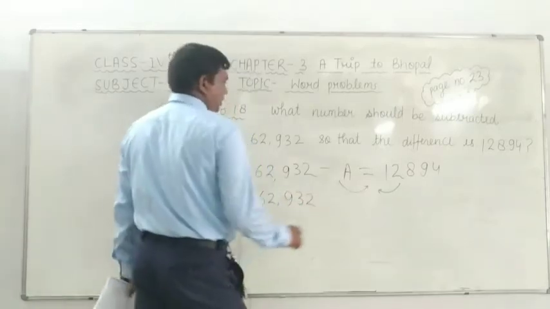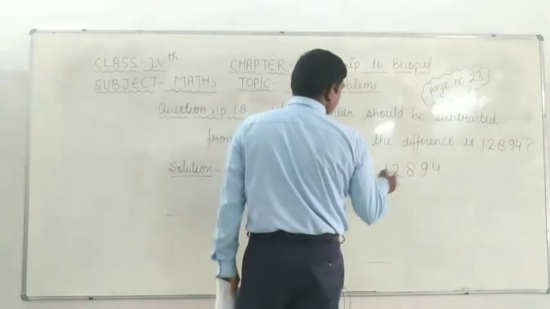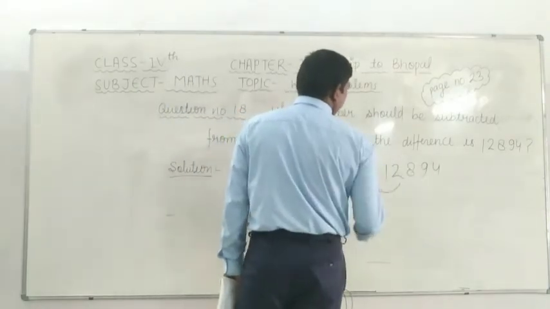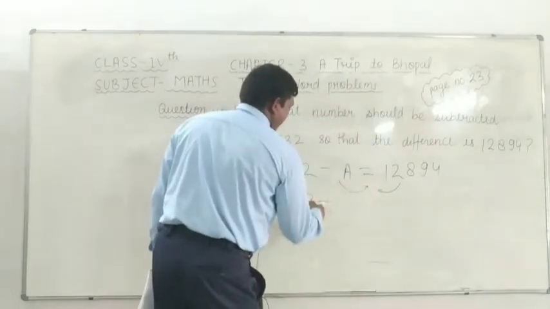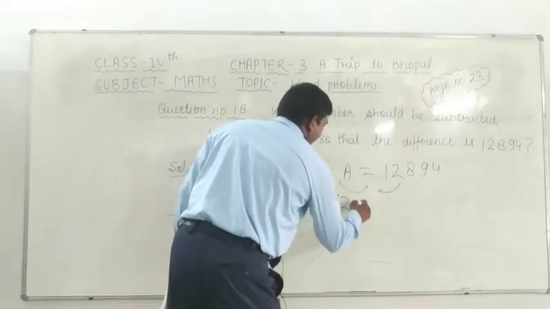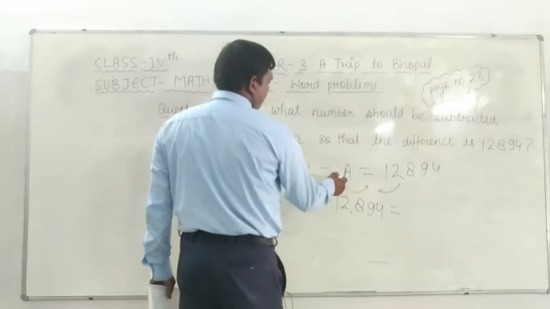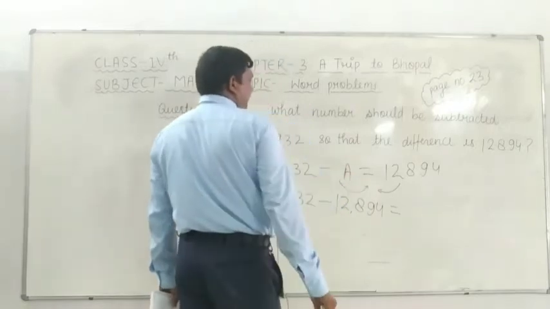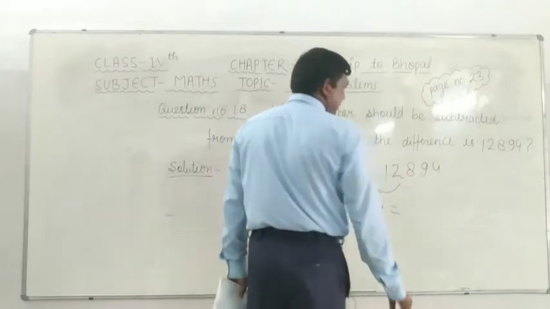62,932, if we have to replace 12,894 from the left side, then we take a minus sign. Okay, it is equal to... if we have to replace A on the right-hand side.